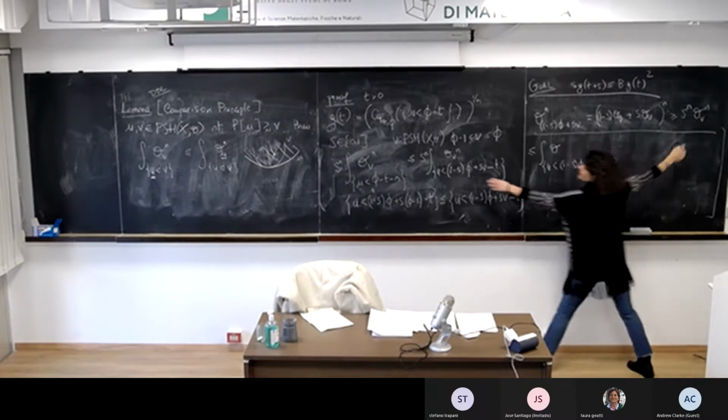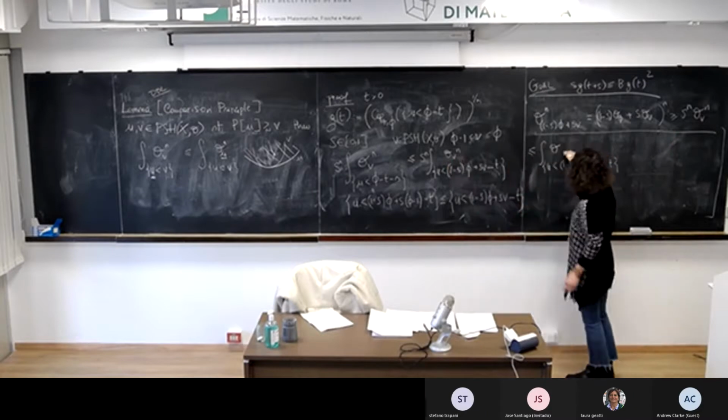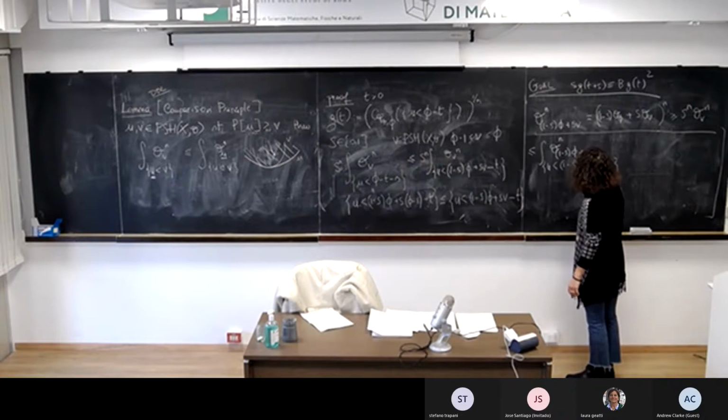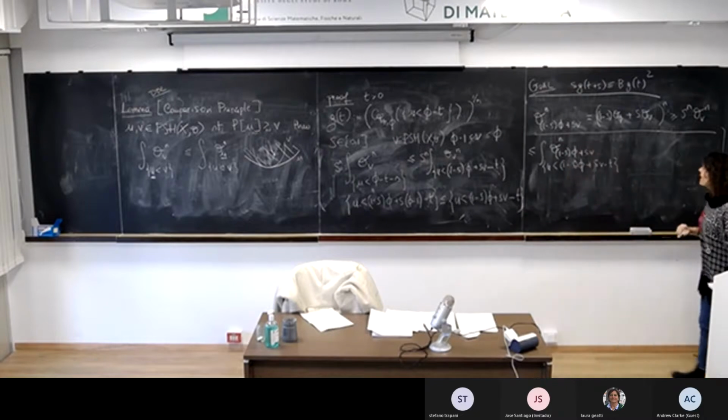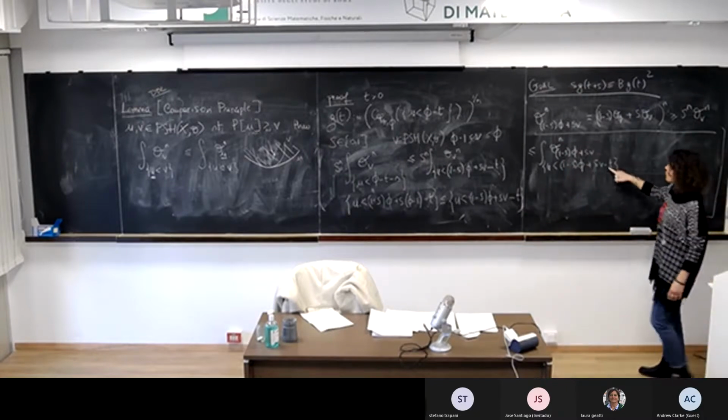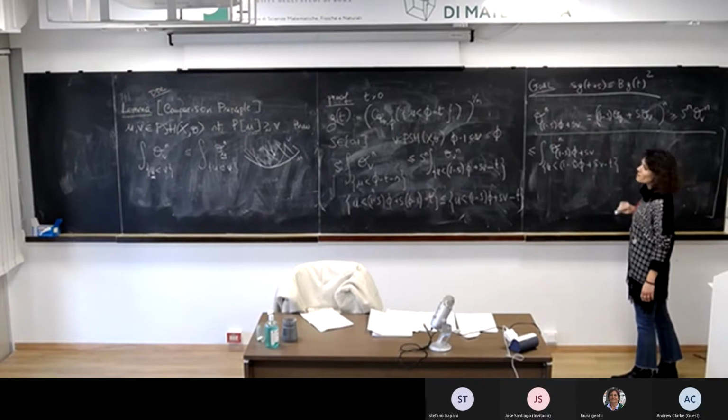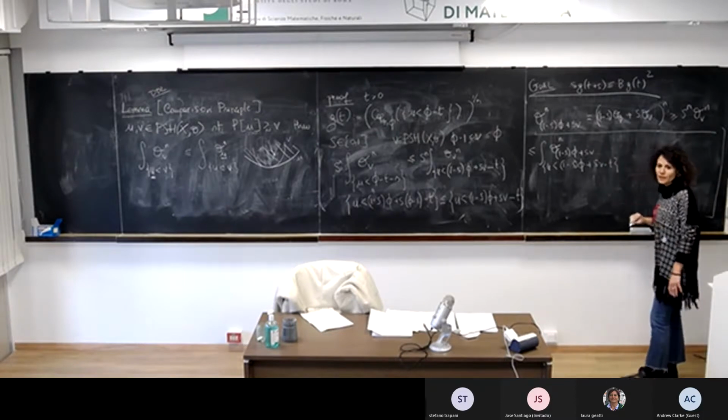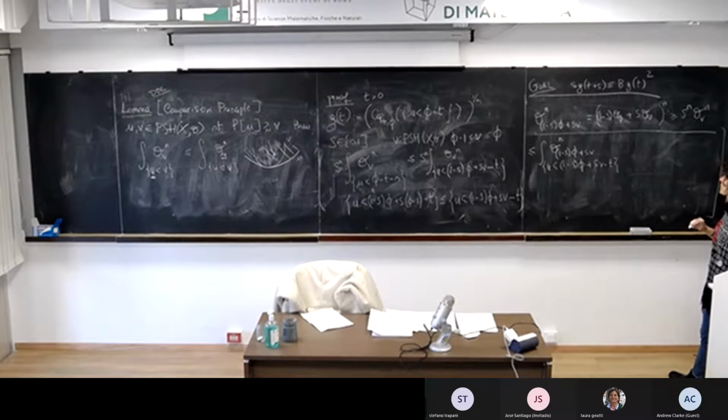We are replacing, all of this. And now if you want, you can also add minus t, because minus t is a constant, so you don't see that in the Monge-Ampère part.